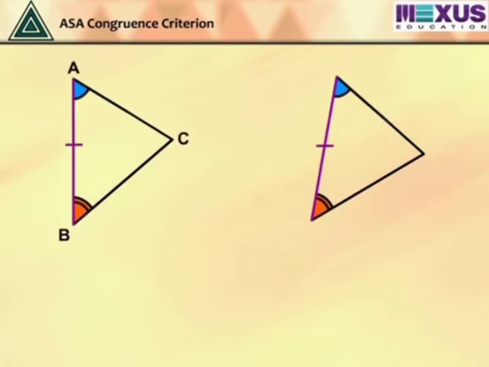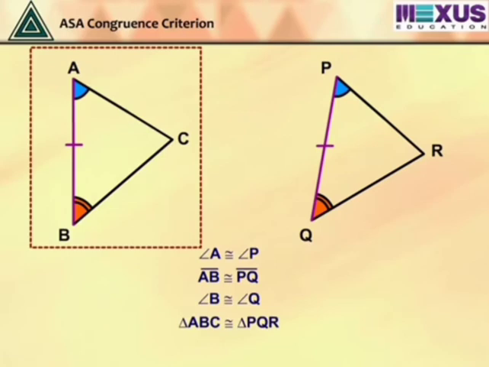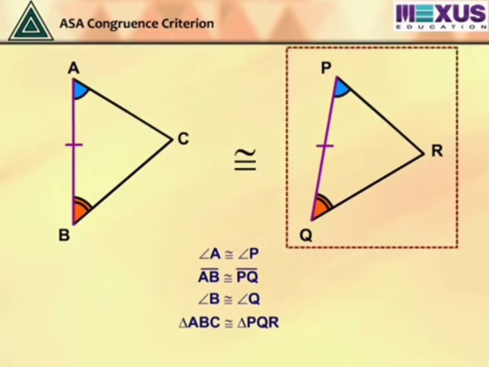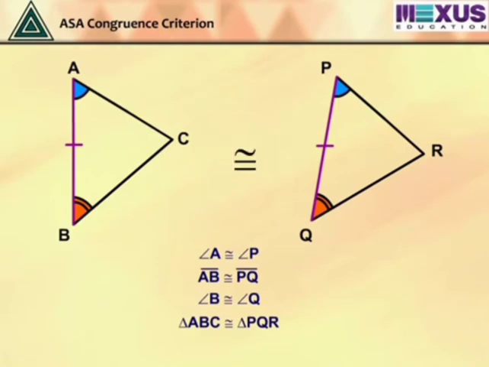Triangle ABC and triangle PQR. Angle A equals angle P, angle B equals angle Q, included side AB equals PQ. See, angle, side, angle. By ASA criteria we can say triangle ABC is congruent to triangle PQR. Only three measures are needed to say whether two triangles are congruent or not.